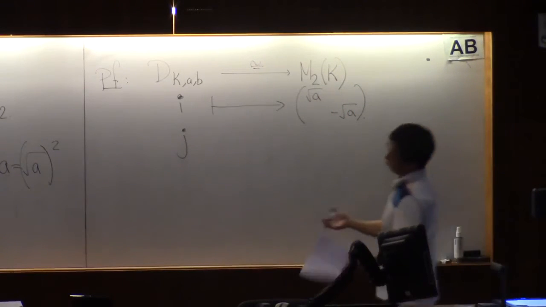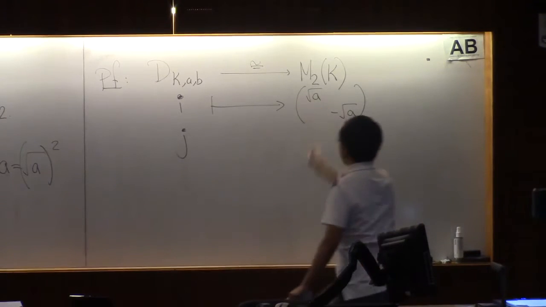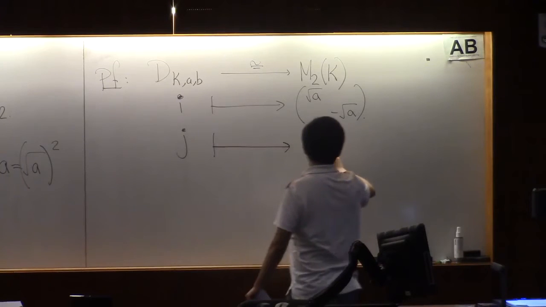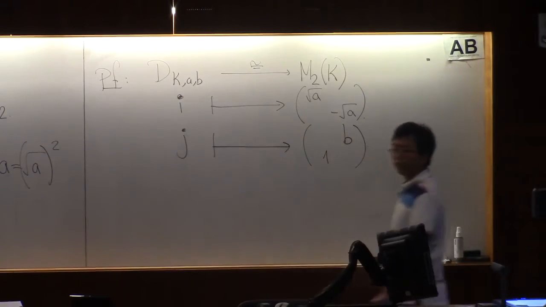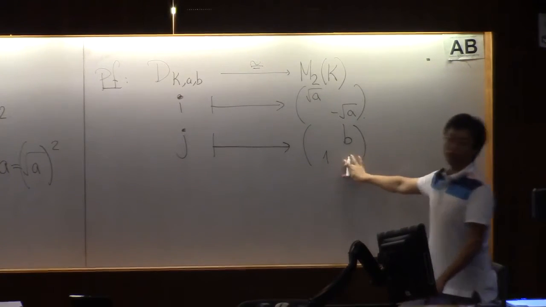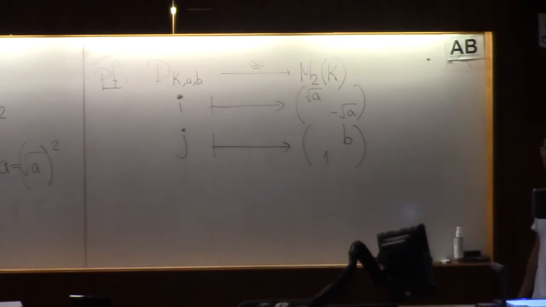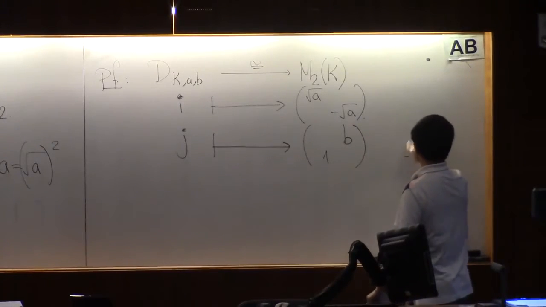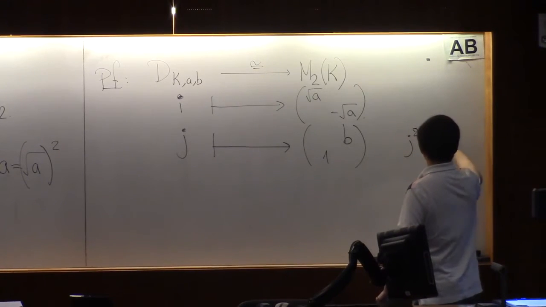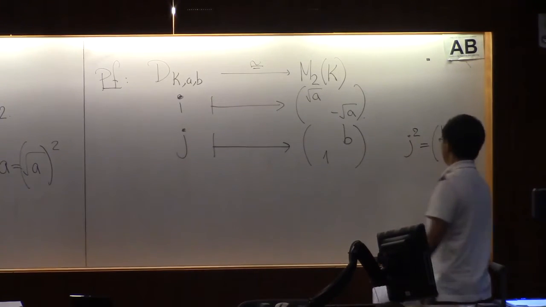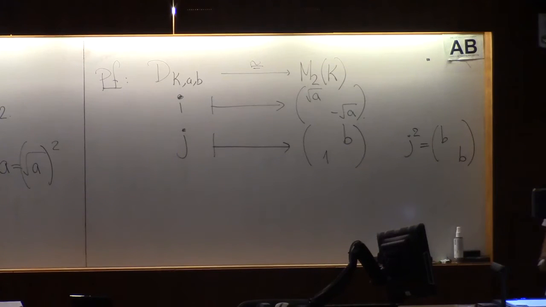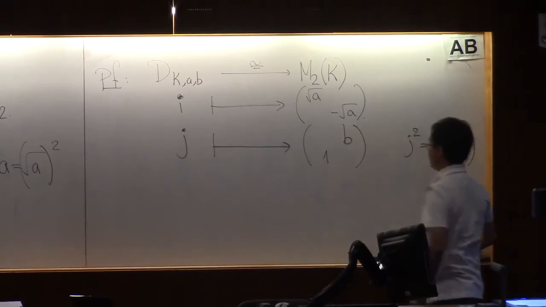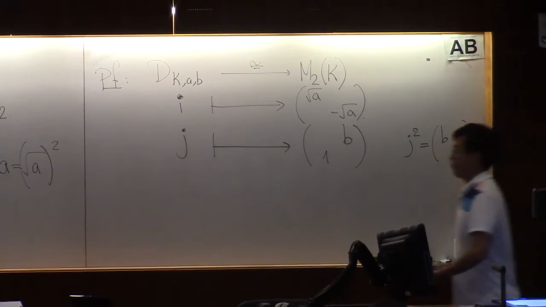In fact, there are 2 roots of a: one goes in the first entry, and the other goes in the other. And for j, I want to send it to the matrix 0, b, 1, 0. Okay? So you can easily check that j squared equals the diagonal matrix b. I personally really enjoy it. I like this matrix very much. It's a weird matrix.